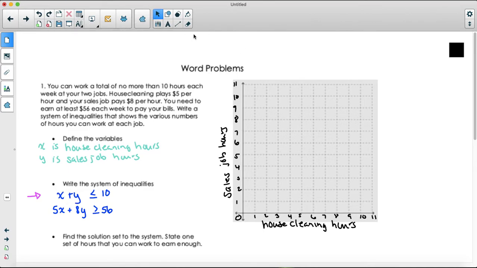I can cover up my Y and have only my X, and have my X also go to 10. And then I can just connect those two with a solid line.